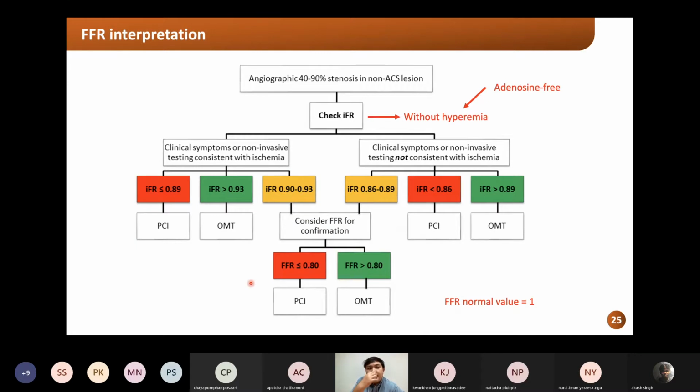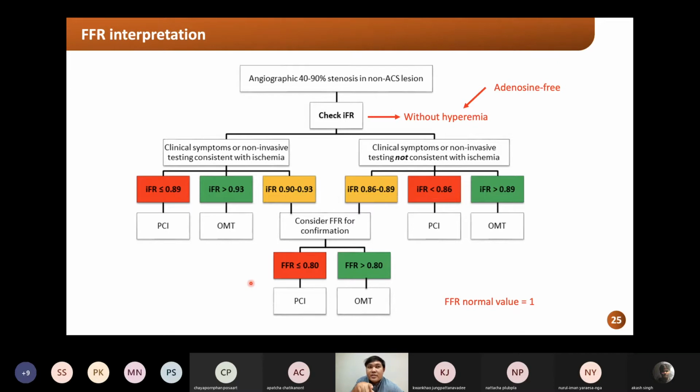And about FFR interpretation, like I said, normally the doctor will evaluate fractional flow reserve if the angiographic image shows not 100% stenosis, just like when doctors see a lesion with stenosis of about 40 to 90%, as you can see on the chart.